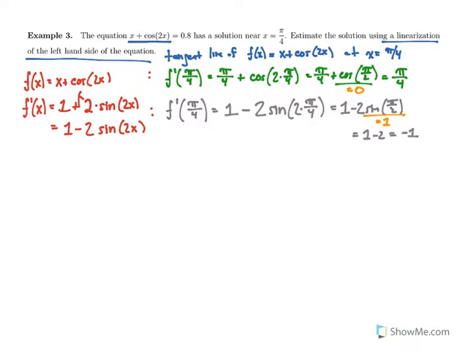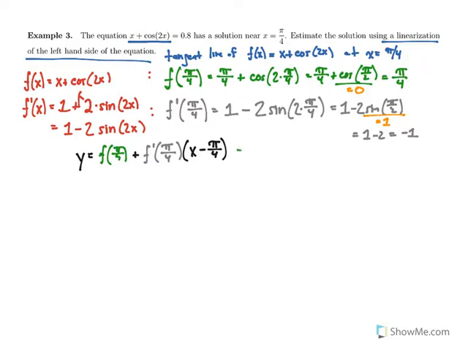So our tangent line here is f of pi over 4 plus f prime of pi over 4 times x minus pi over 4.